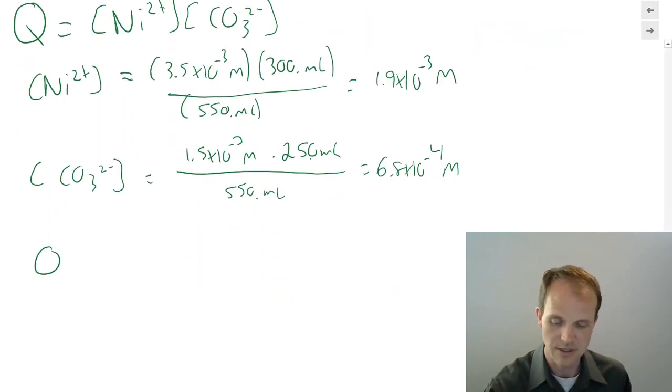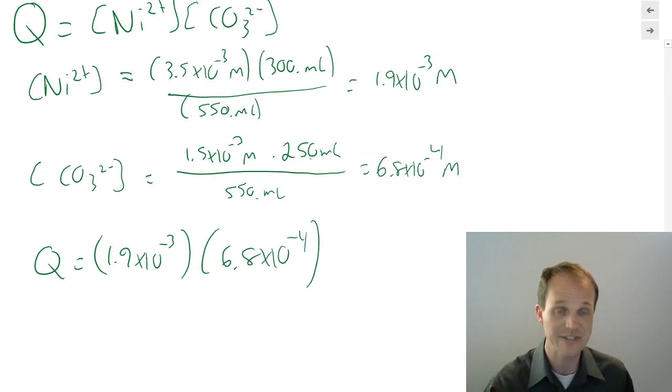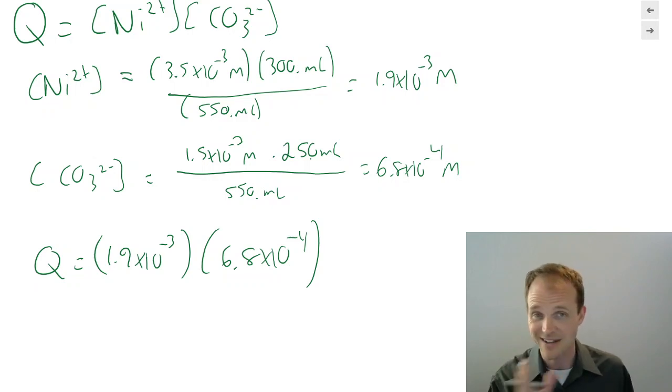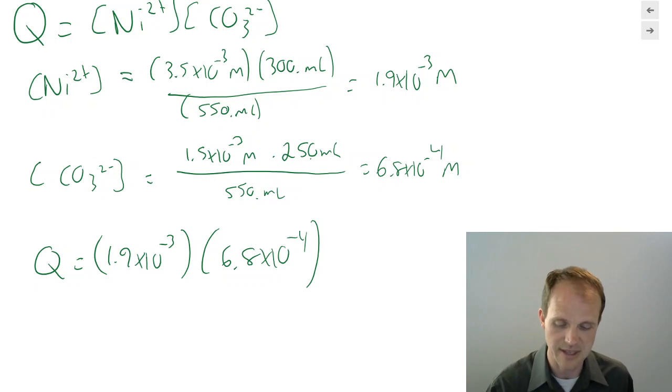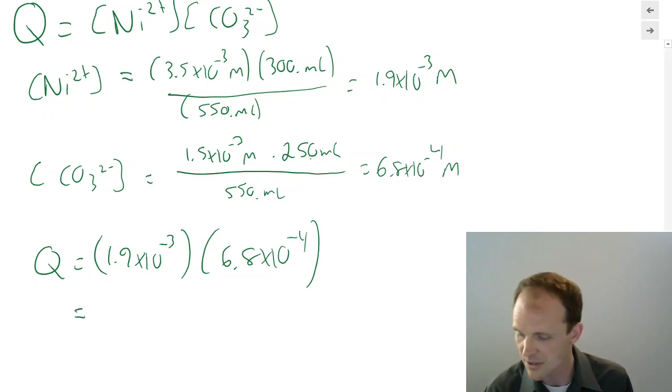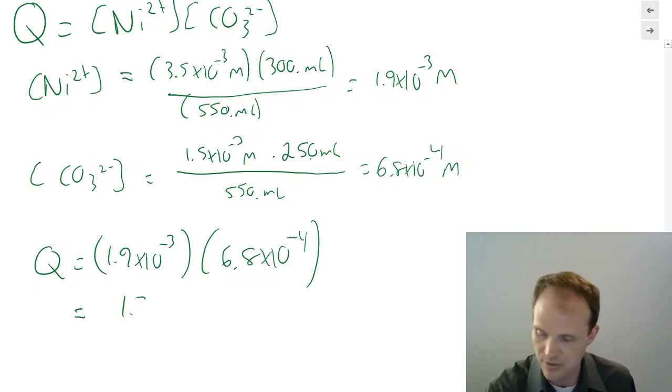Then my Q is just going to be multiplying those: 1.9 times 10 to the minus 3rd times 6.8 times 10 to the minus 4th. Professor Clements, you forgot your units. Remember, once we get it into Q, once we get it into K, we've divided by a reference unit of 1 molar, so our molars go away. Technically, it's the activity, but we're not going to worry about that in this class. You multiply that out on your calculator, you get 1.3 times 10 to the minus 6.